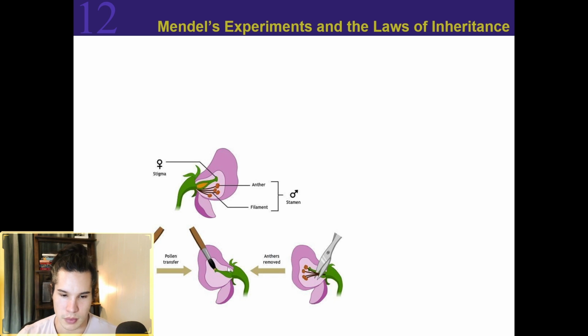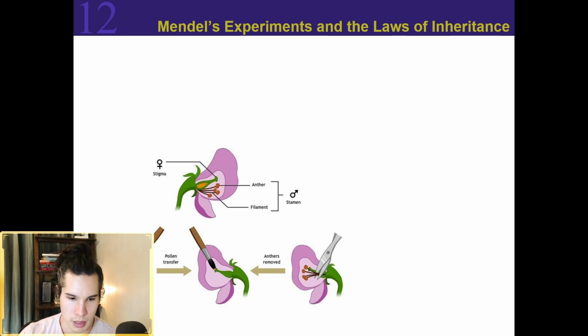And then from the other plant, so you have two pea plants, it takes two to tango. So the first pea plant, you remove the male part, and then in the second plant, you extract some pollen, and then you pollinate that first pea plant with the pollen.